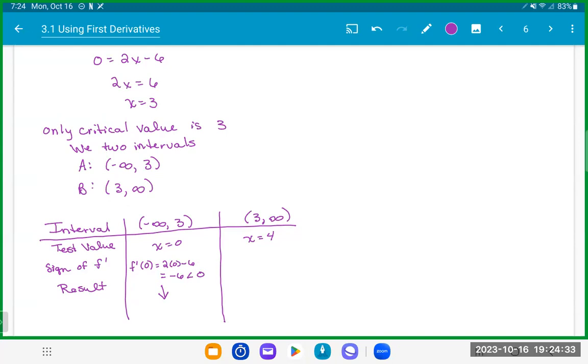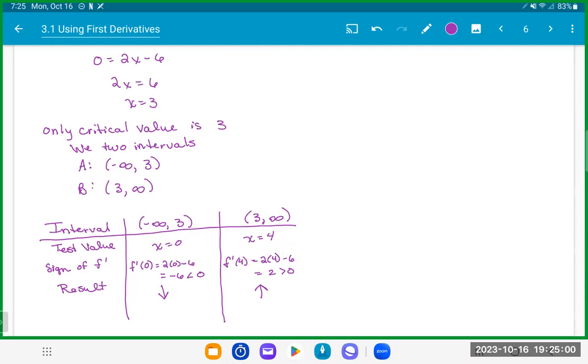Okay, so for my second interval here, I'm looking at the derivative evaluated at 4. So that is 2 times 4 minus 6. That is 8 minus 6. So that is a positive 2, which is greater than 0. So my derivative is positive there.